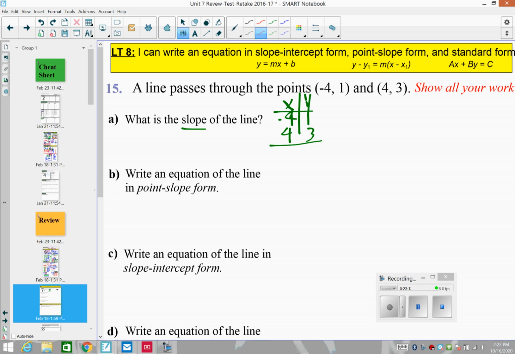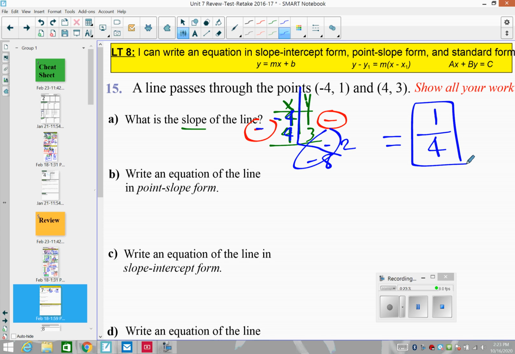And we're going to subtract. So when we do that, 1 minus 3 is -2, and -4 minus 4 is -8. Negative divided by negative is positive, and 2/8 reduces to 1/4. Divide top and bottom by 2. Cool.